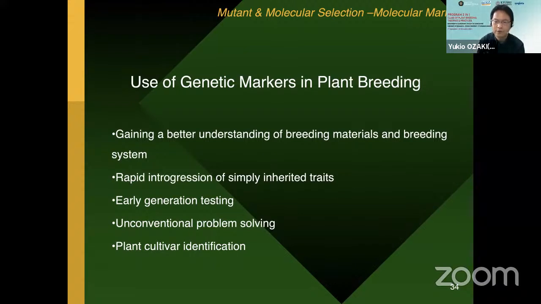Fourth, unconventional problem solving. The use of molecular markers can bring about novel ways of solving traditional problems or solving problems traditional breeding could not handle. When linkage drag is recessive and tightly linked, numerous rounds of backcrosses may never detect and remove it. Disease resistance is often a recessive trait.